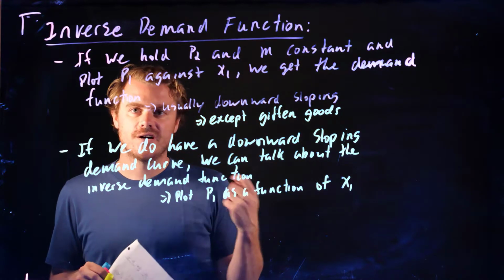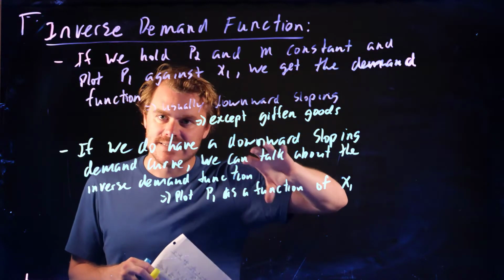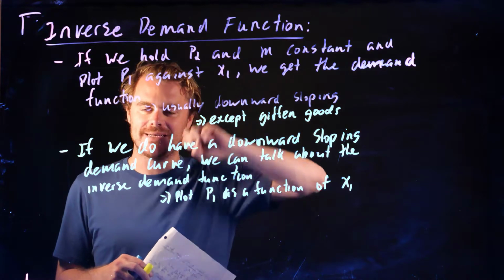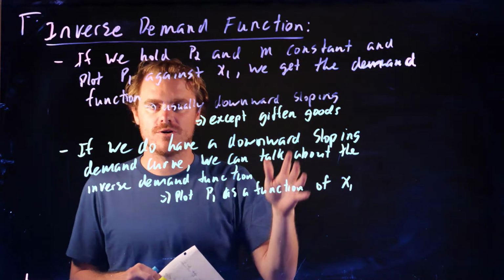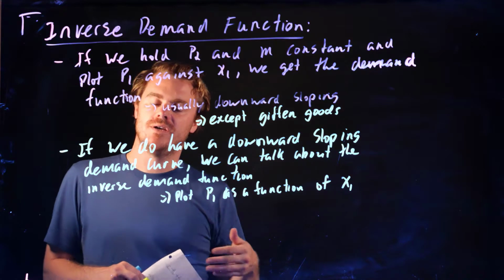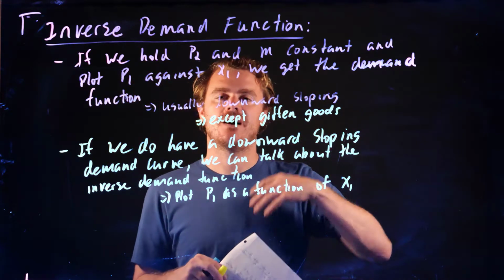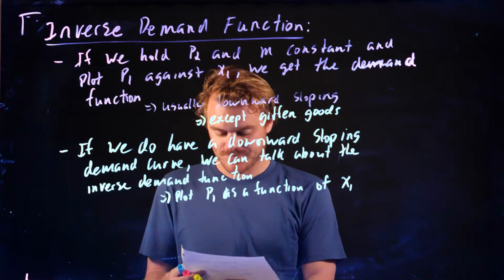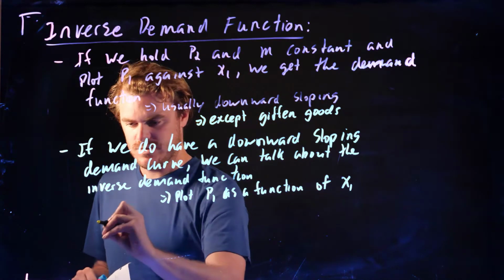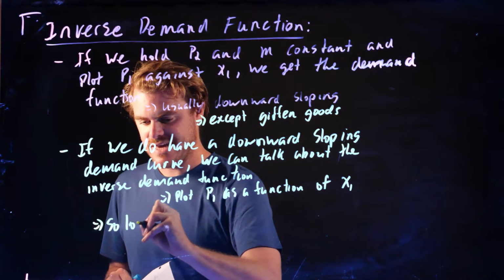So price is a function of quantity. It's the exact same relationship as the demand curve. It's the exact same curve. But now instead of thinking about x1 being a function of price, we're thinking of price as a function of x1.